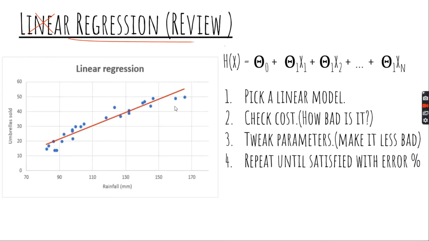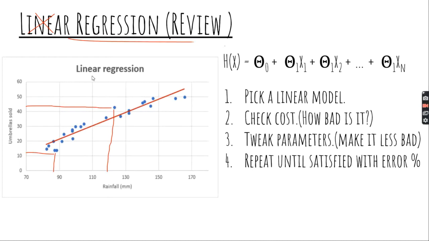And if you're wondering how do I even use this thing? Well, if you already know the number of umbrellas sold when the rainfall is, let's say, 90 mm or something less than 90 mm that we can see here, and you know what happens when rainfall is around 120 mm, it's something between 40 to 50 umbrellas.